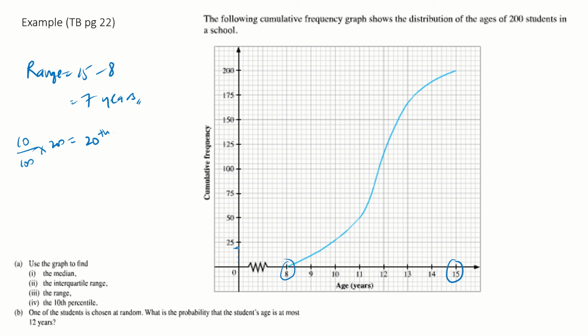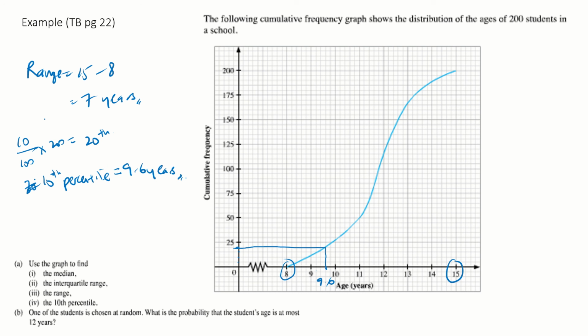This is the 20th student. Use the graph and bring it down. You get 9.2, 9.4, 9.6. So the 10th percentile will give us 9.6 years.